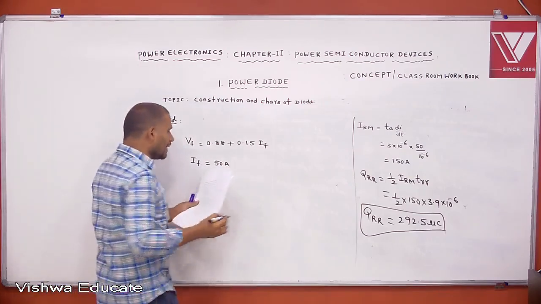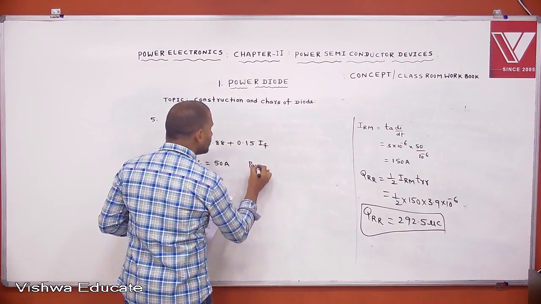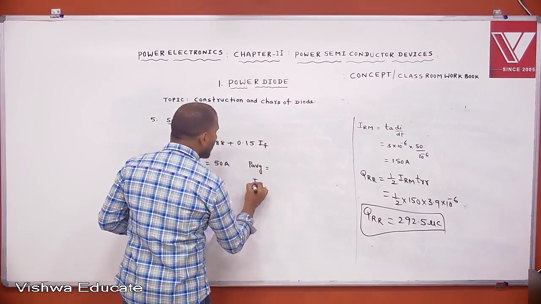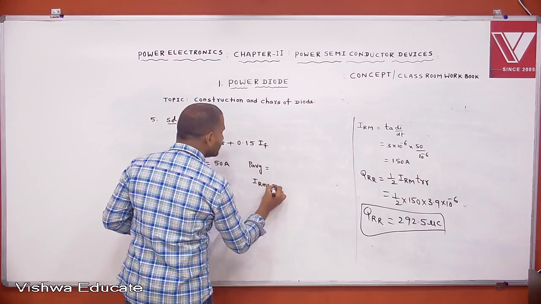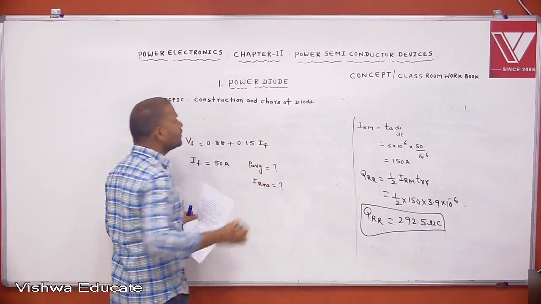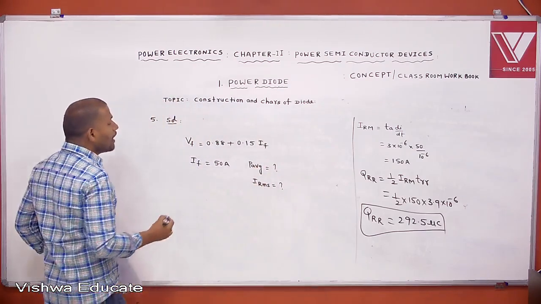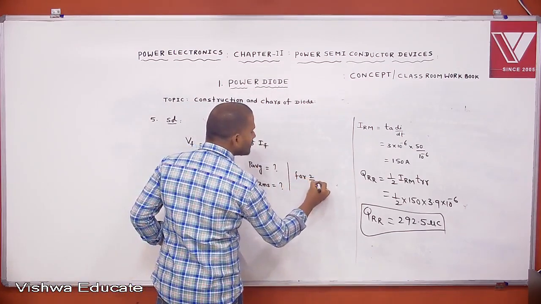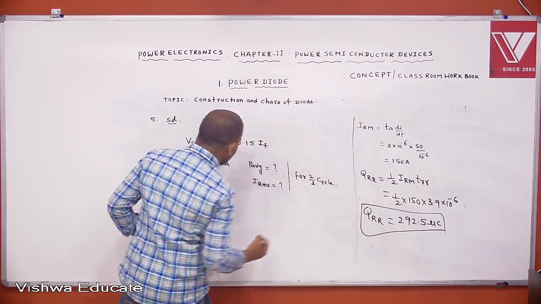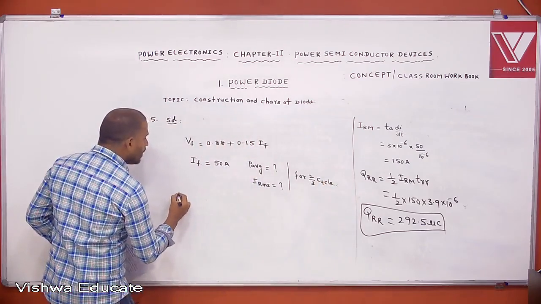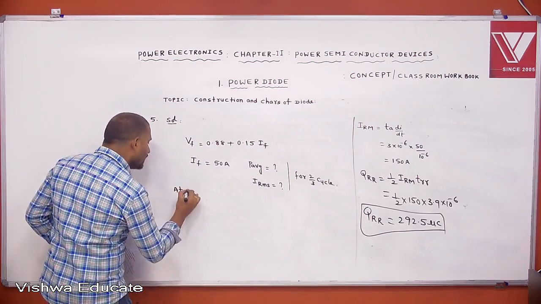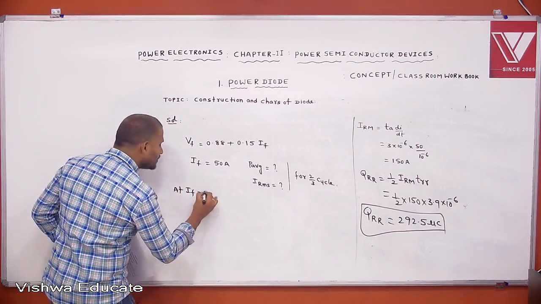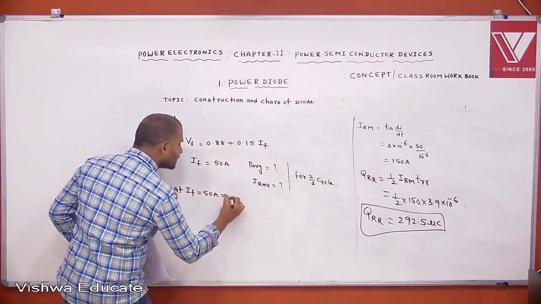Then you calculate the average power loss and the RMS current for a 2 by 3 cycle. First, at IF equal to 50 amperes, what is VF?